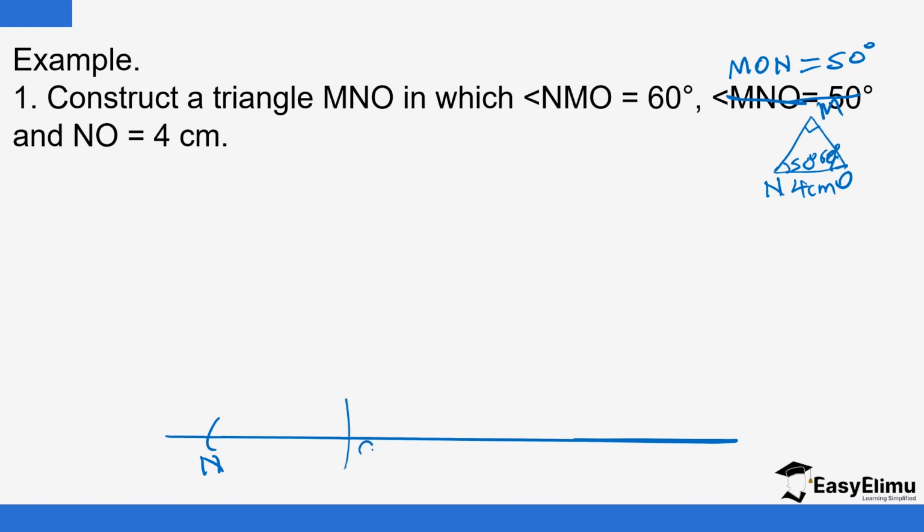So I've marked O. So this is 4 centimeters. And now we'll have to measure using a protractor. So I measure the angle 50 degrees at N.